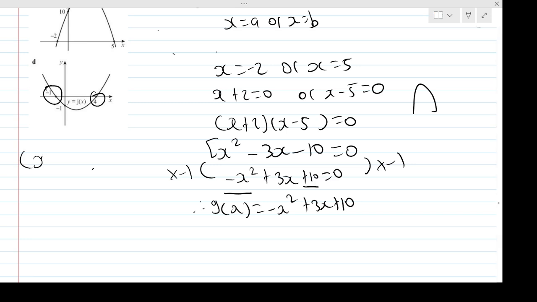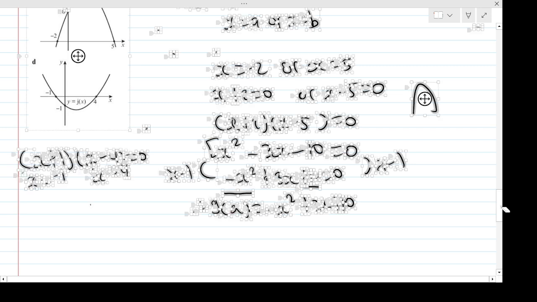So we're going to have x plus 1, x minus 4 equals 0, which are going to be our two factors, right? Because then obviously we set each bracket to 0, you're going to get x is -1, which is this root here, x is 4, which is going to be this root there. So we're good. So then we can work backwards and expand it to get a quadratic expression.